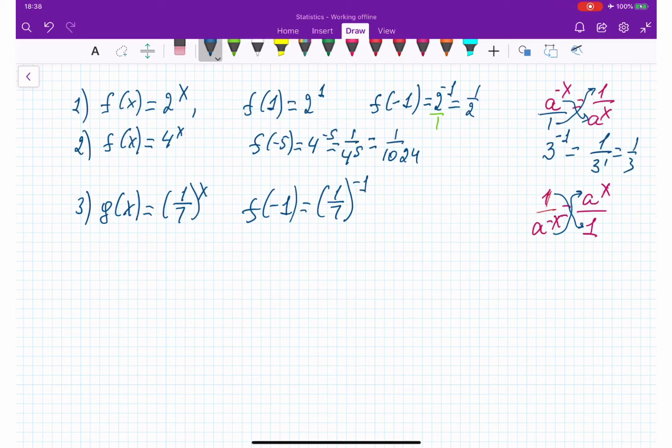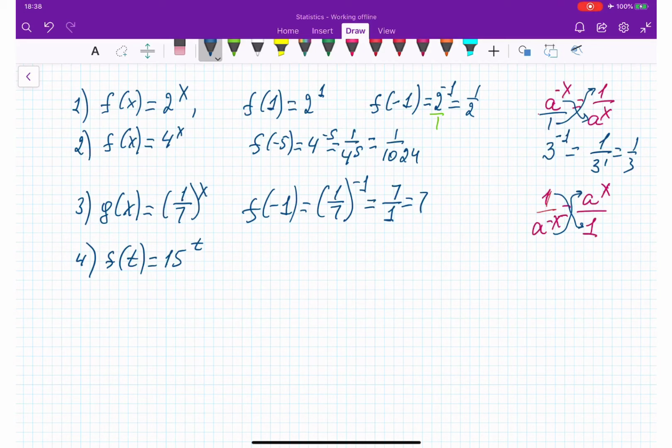Remember what I said, we need to flip the fraction, so 1 over 7 will become 7 over 1, which is 7. All right, number 4, f of t is equal to 15 to the power t.